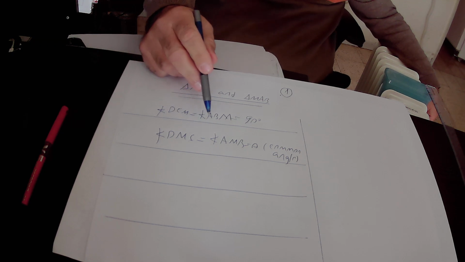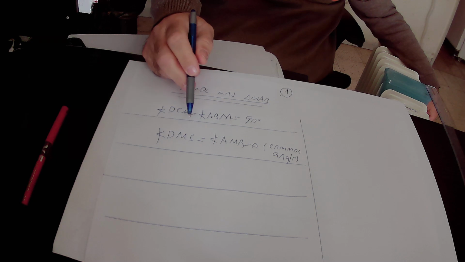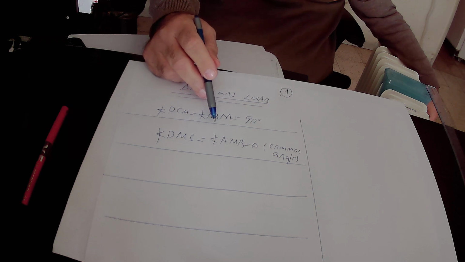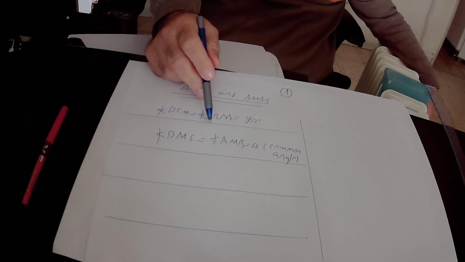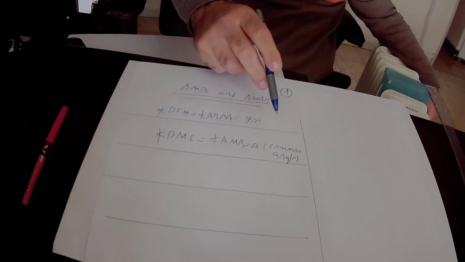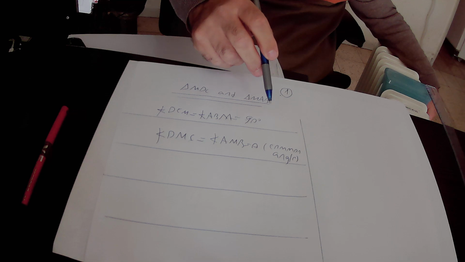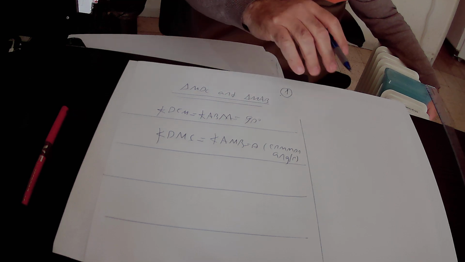So this equation means that angle theta equals itself. We just call angle theta by two different names. Again, angle theta is a common angle that belongs to both triangles, therefore angle theta equals itself.